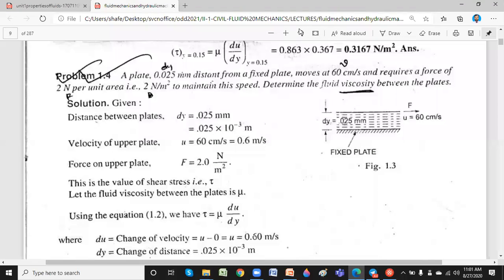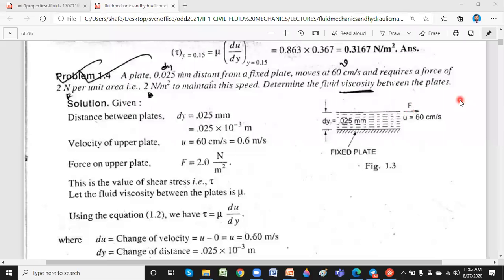Now see, what is this problem here? A plate. The portion shown as lines at the bottom indicates the stationary plate. And the plate above is moving with some force.